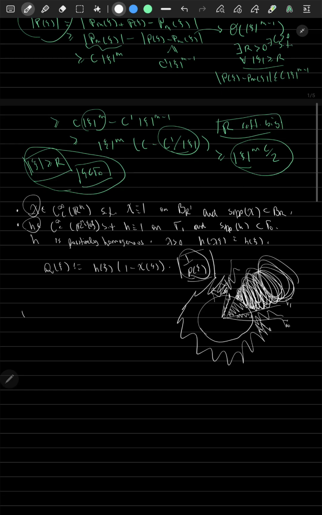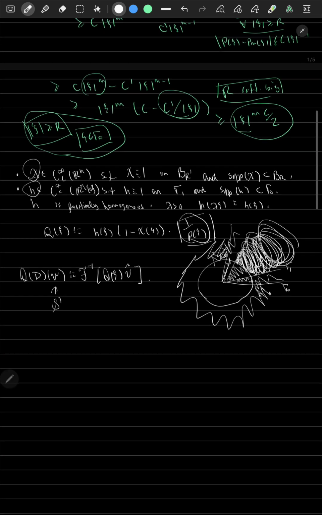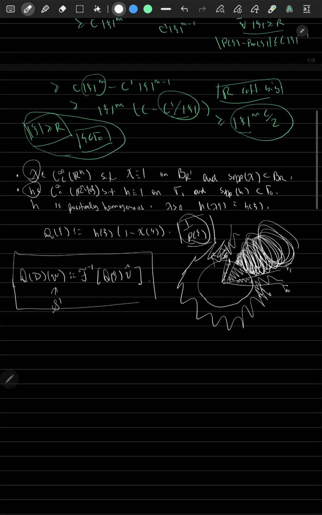And so we can define our parametrix now, Q(D), as Q(D) of V, where V is a tempered distribution, and this is equal to the inverse Fourier transform of q of xi times V hat, right? So this is our microlocal parametrix.